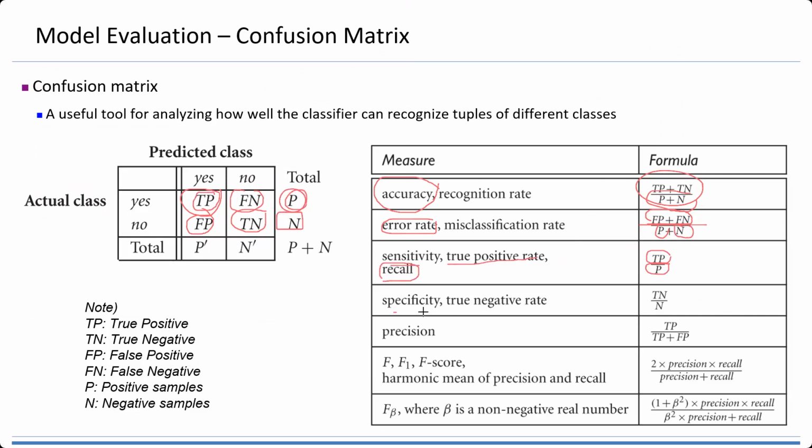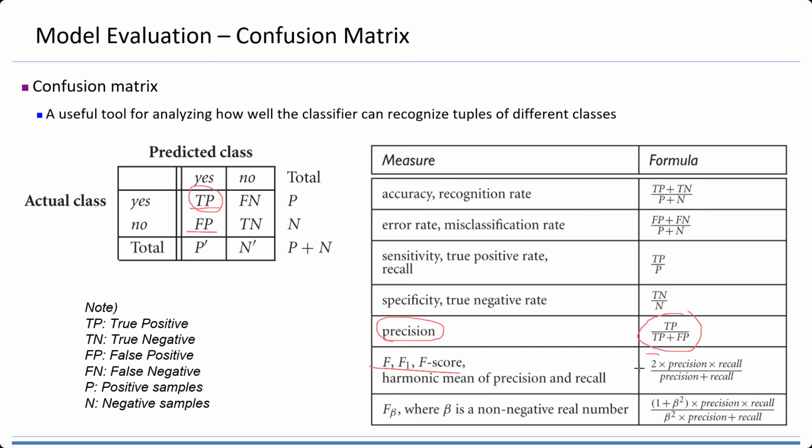We have specificity, or true negative rate. This is TN divided by N. We have precision, which is TP divided by TP plus FP. We have F, or F1, or F score.